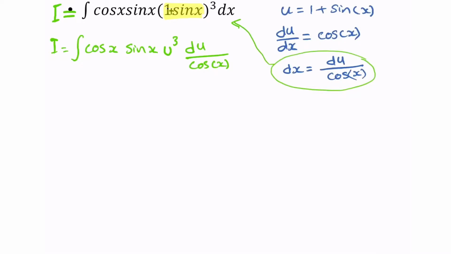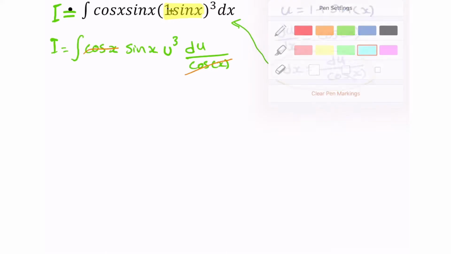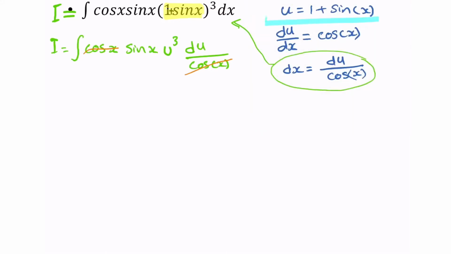And now we can cancel down things, yeah, cosine x, go with cosine x here. And we still have sine x. So we can't leave it sine x because it's a function of x here. So we need to find sine x in terms of u. So what we do, we'll go to our term here, yeah.